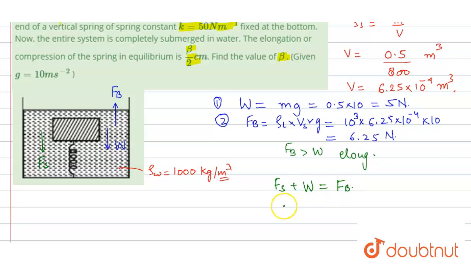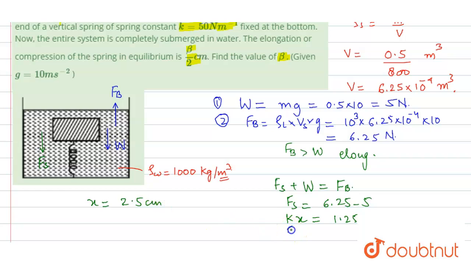Now from here, the spring force is simply equal to the difference of buoyant force and weight, 6.25 minus 5 Newtons, and then we can write in place of spring force kx equals 1.25. So from here when we solve for x, we get x equals 2.5 centimeter.